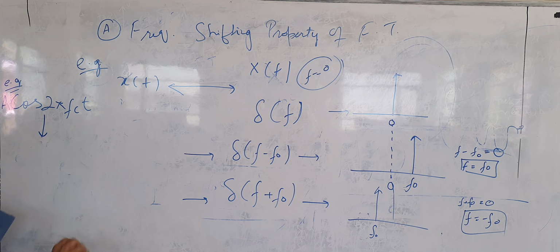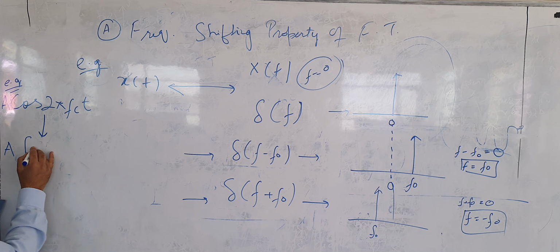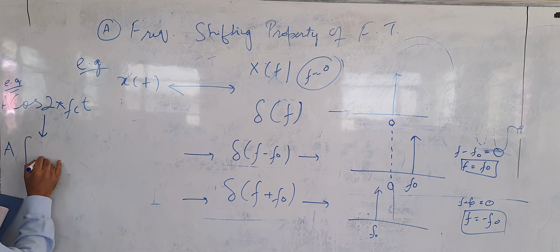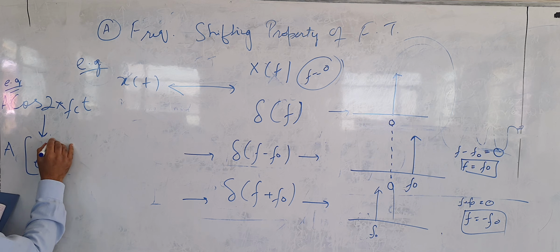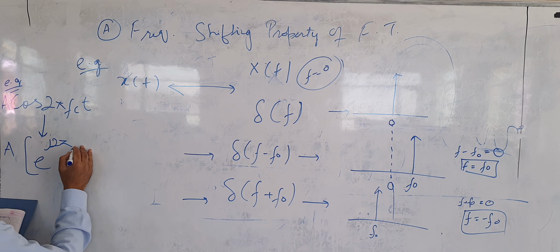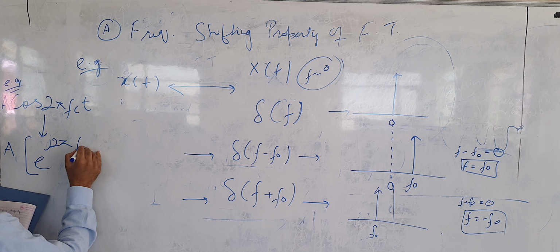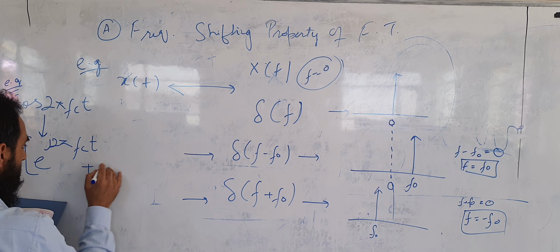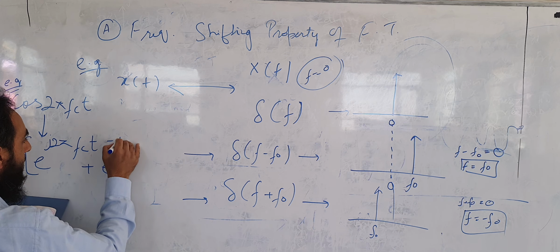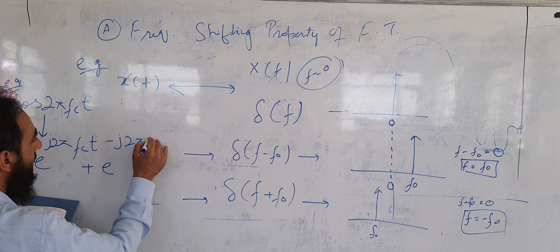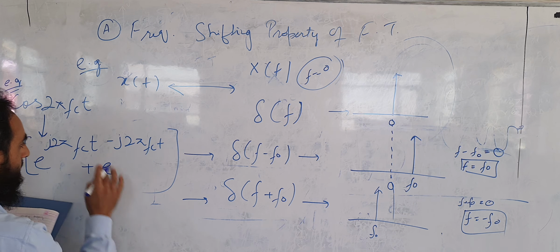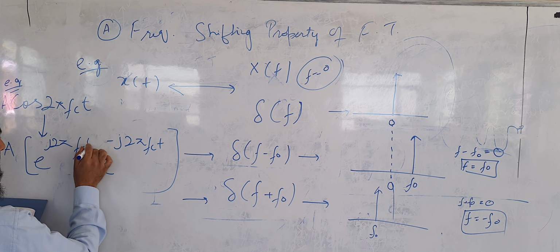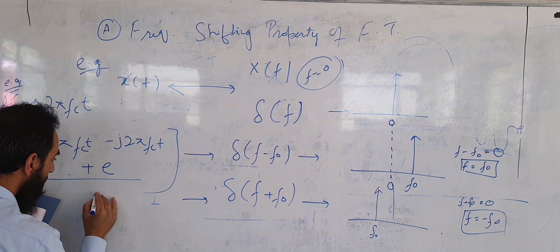So okay, I can represent this cos as A रहेगा बाहरी. This cos comes out to be e raised to j 2 pi fc t plus e raised to minus j 2 pi fc t, divided by 2.